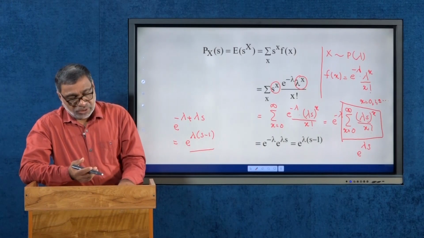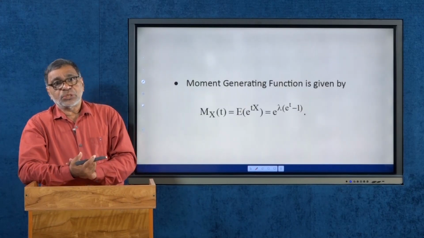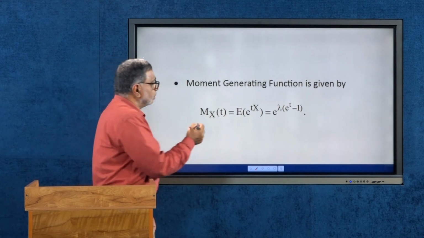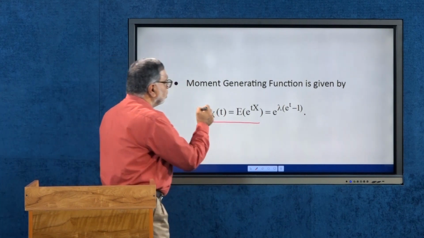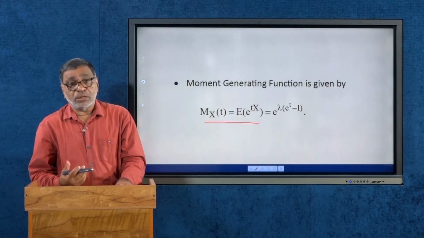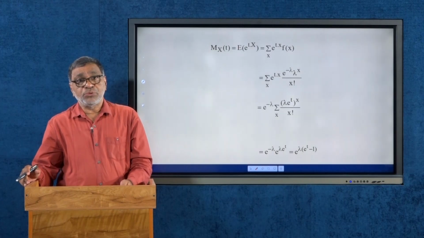Similarly, we are finding the moment generating function of the Poisson random variable. As we know, the moment generating function is defined as M_x(t) is equal to the expectation of e power t x. This is our definition of the moment generating function, and how do we get the value for a Poisson distribution?